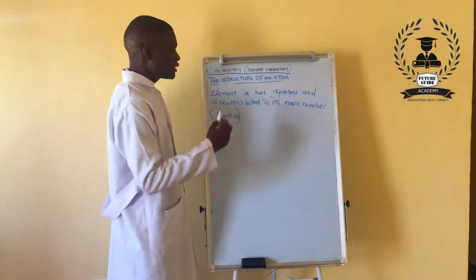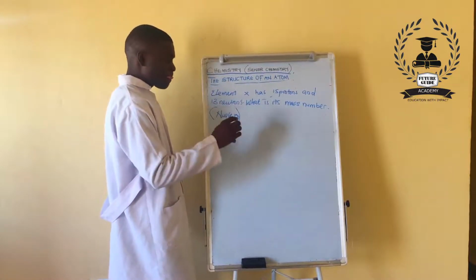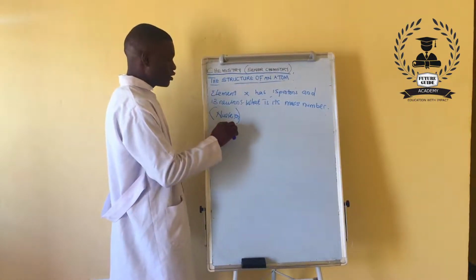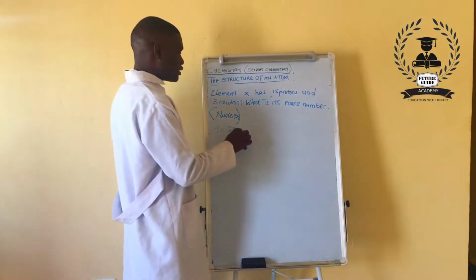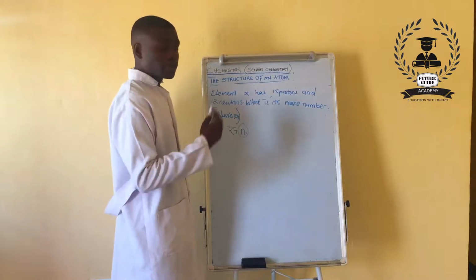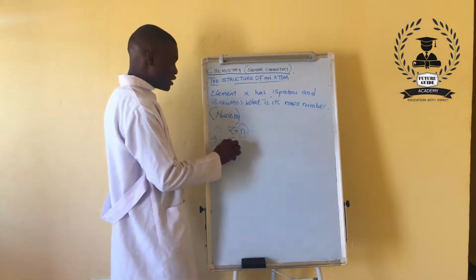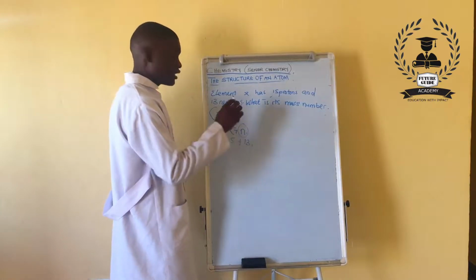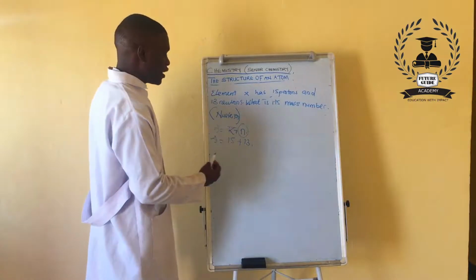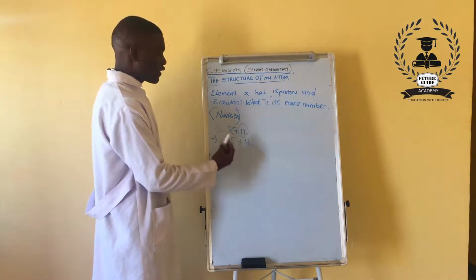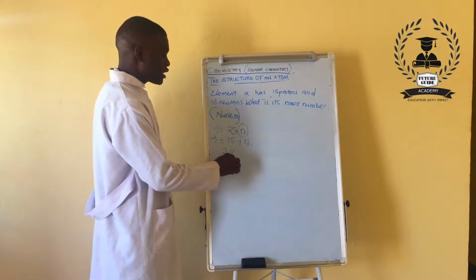So what we are going to say is this. A is equal to Z plus N, where Z is the number of protons and N is the number of neutrons. So our mass number is equal to 15 plus 13 that we have been given. If we add the two, 5 plus 3 is 8, 1 plus 1 is 2, so 28.